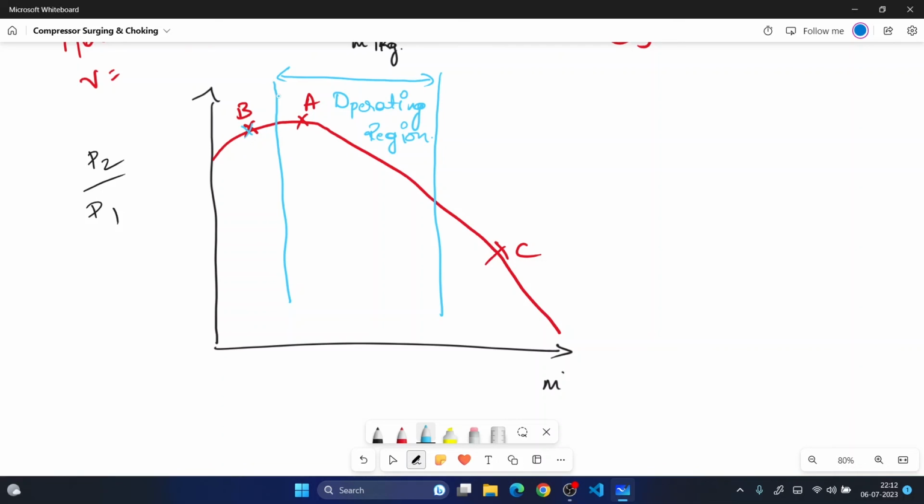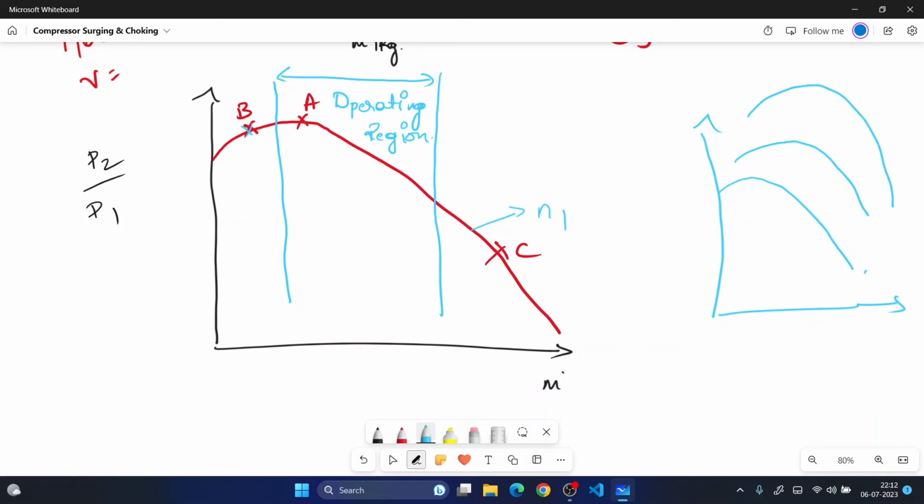So this is the typical graph. This is for speed n1. When I draw it for n number of speeds, we get the curves like this, say n1, n2, n3, where n3 is greater than n2, which is greater than n1.